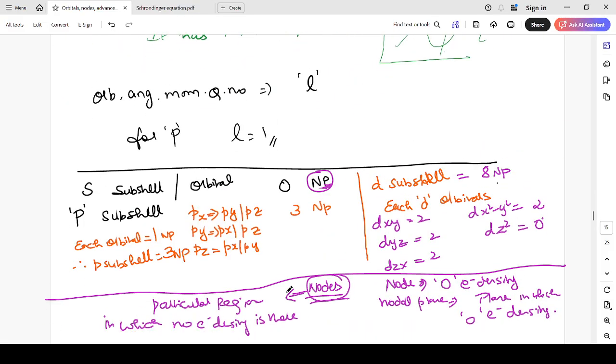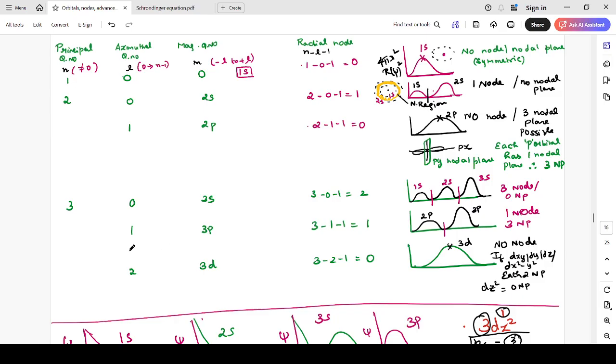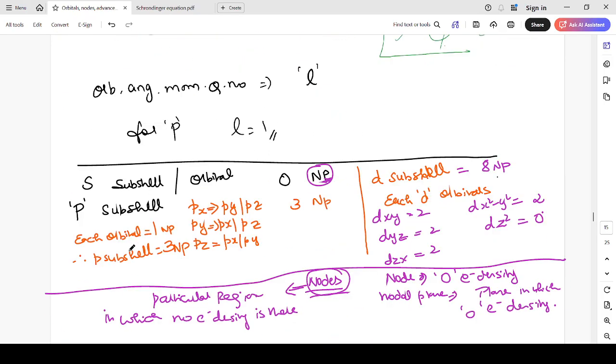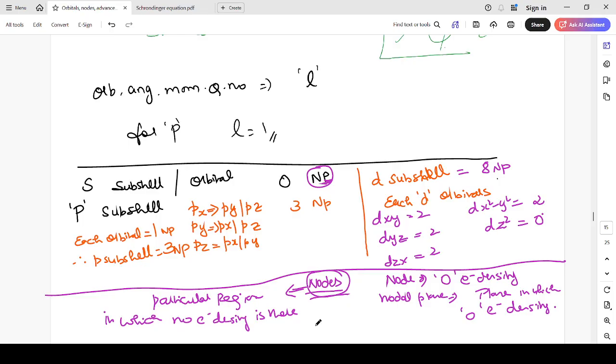Now there are different types of nodes we have. The first type of node is called radial node. The formula to calculate the radial node is given by n minus L minus 1.